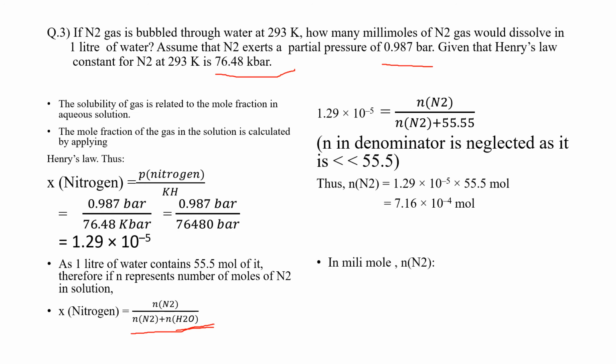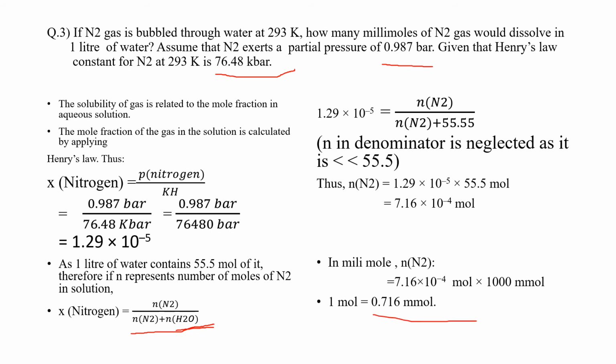But we have to find the number of moles in millimoles, so the unit should be millimole. For converting mole into millimole, we multiply the answer by 10 to the power 3, or 1000. After multiplying, the value comes as 0.716 millimole. This is the answer.